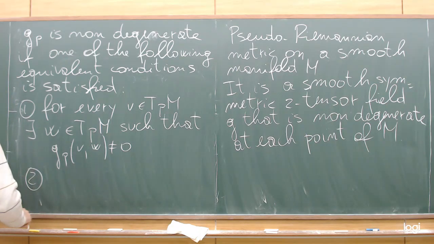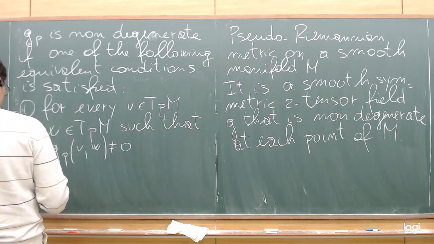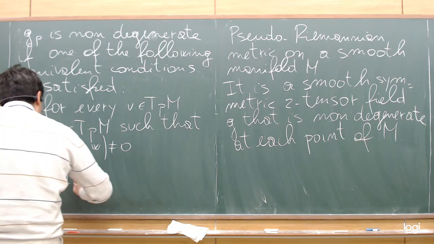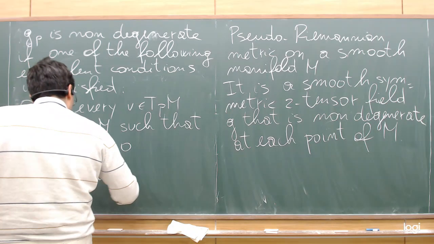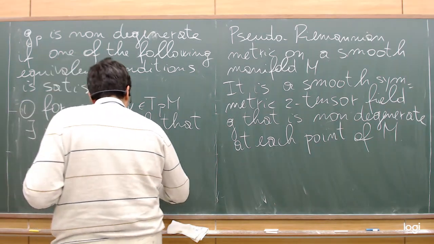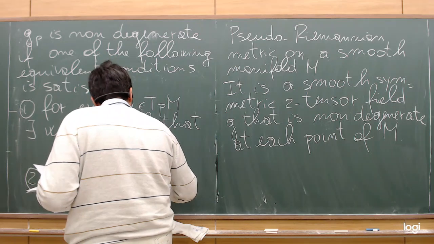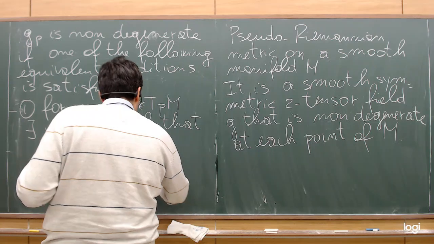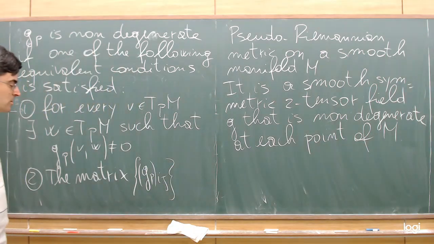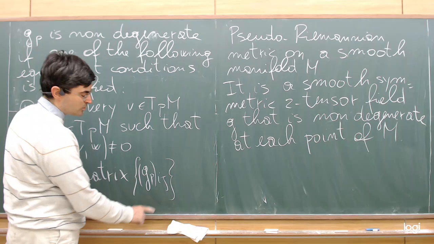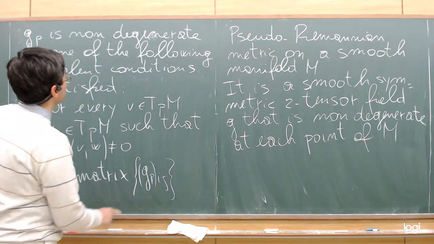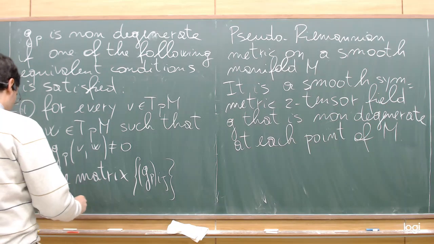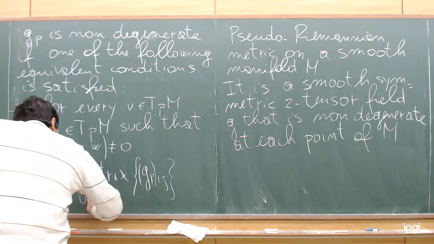Two, the matrix G_p,ij, this means the functions that you get if you write G in local coordinates, is invertible.